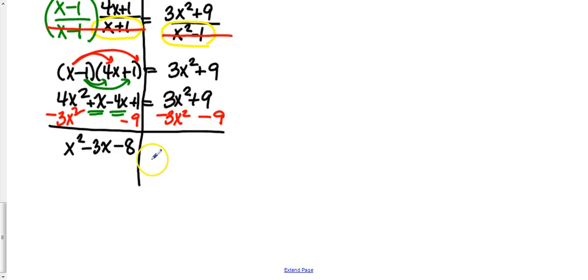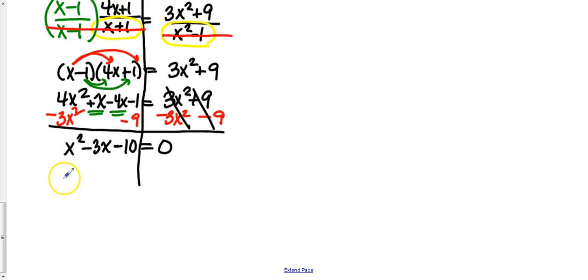And I think I made a sign error. I did. Right here this should have been a minus 1, which makes this minus 10. Equals 0. Now that the quadratic is set equal to 0, we can factor.